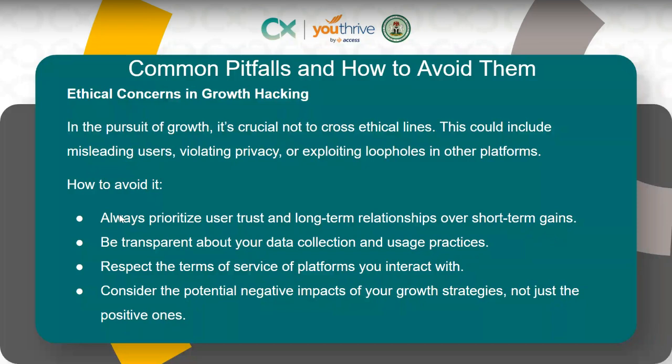So if you're using any other integration platform, respect their terms of service. Consider the potential negative impact of your growth strategy, and not the positive only. So when you're thinking of strategies, start thinking, is there any negative impact? Is there anything that would happen negatively if we go through this route? You should also think of that as well.